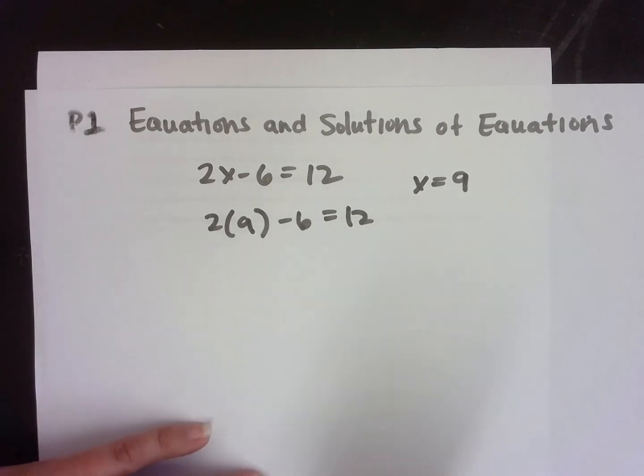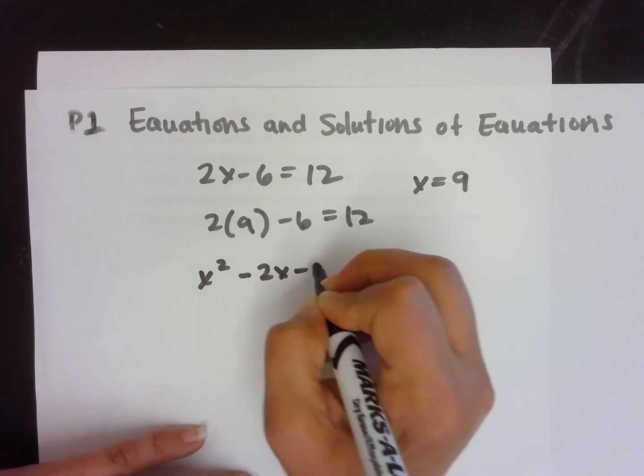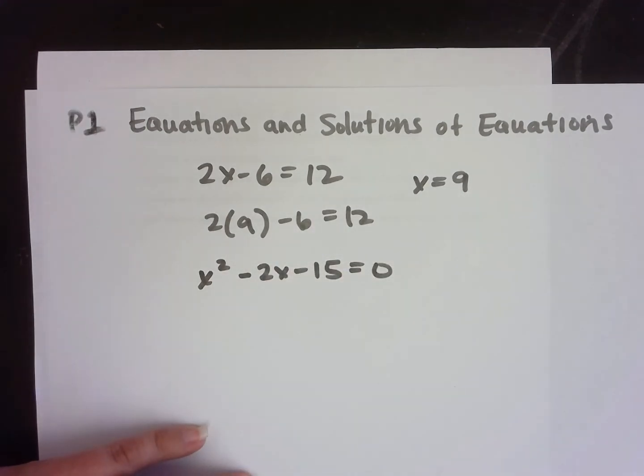Also, another type of equation: if I have x squared minus 2x minus 15 is equal to 0, this is also an equation. It has an equal sign. It means that the left side should equal the right side.